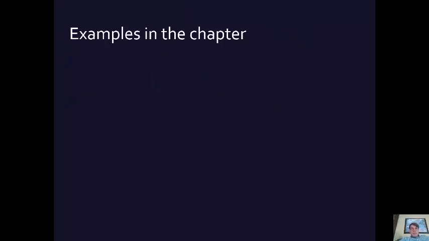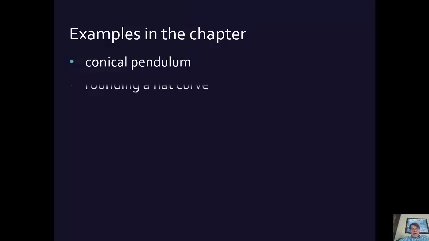So a lot of this section is examples, and that's true of this whole chapter. All of this chapter, since it's on application, is example after example after example. So I've mentioned the conical pendulum, where you have something that's spinning and creating a kind of cone with whatever is holding it, the wire.